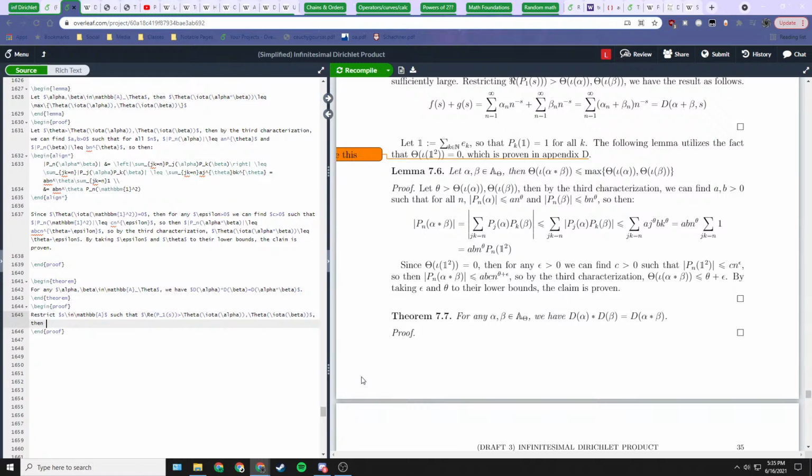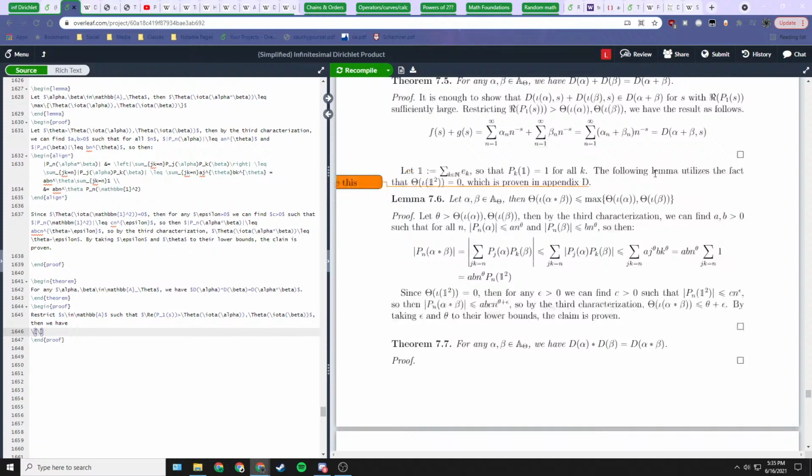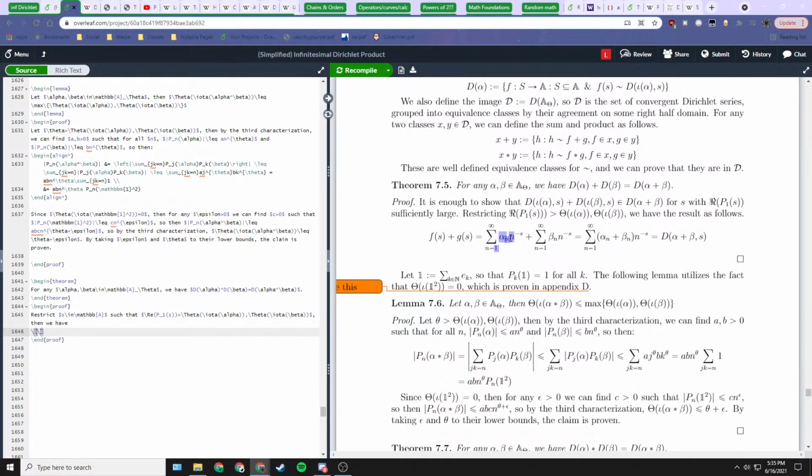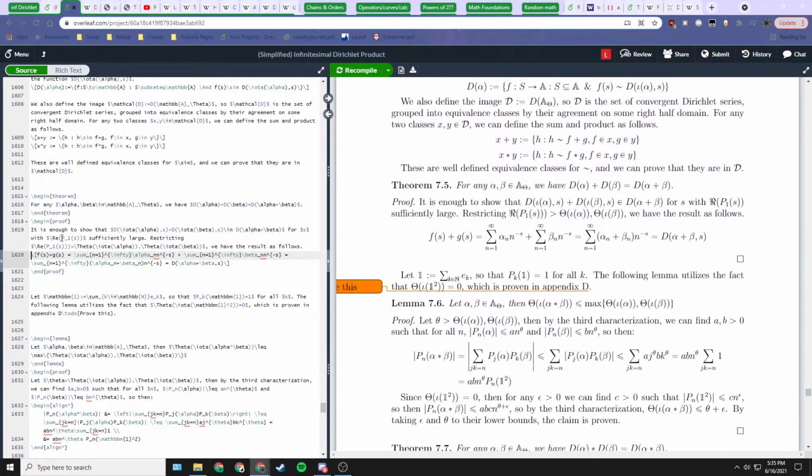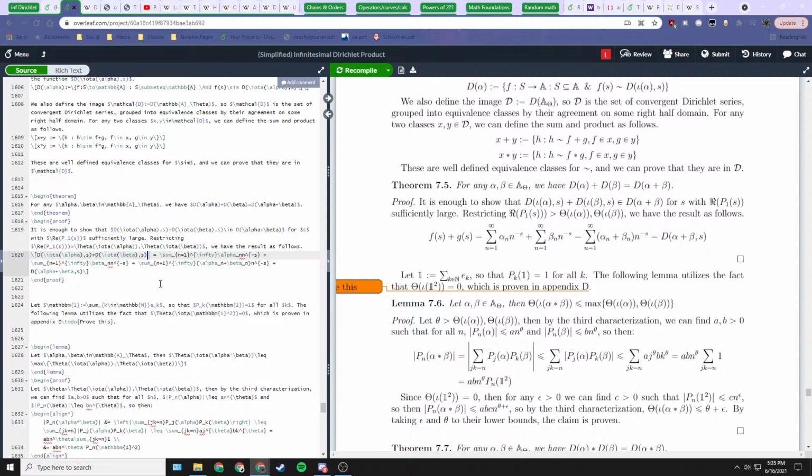Then we have, so this goes on similar to the summation. So we have, oh, that isn't even correct. That fixes that.